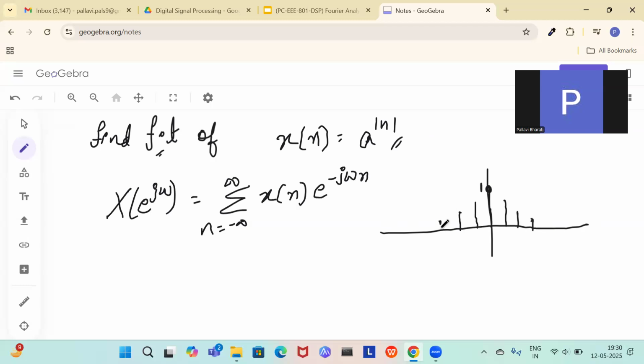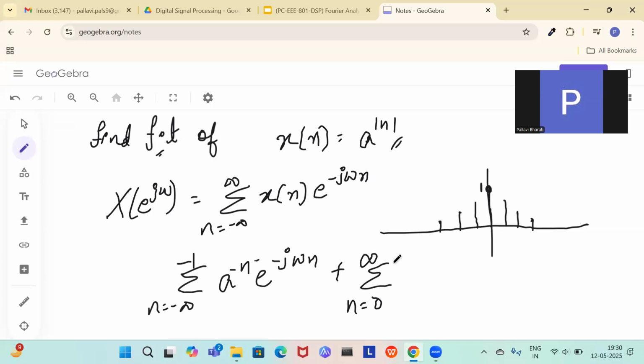This is the diagram. So for n from minus infinity to minus 1, the value will be a^(-n) e^(-jωn), and for n from 0 to infinity, the value is going to be a^n e^(-jωn).